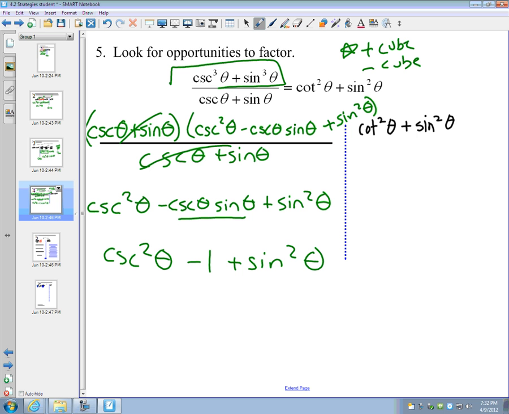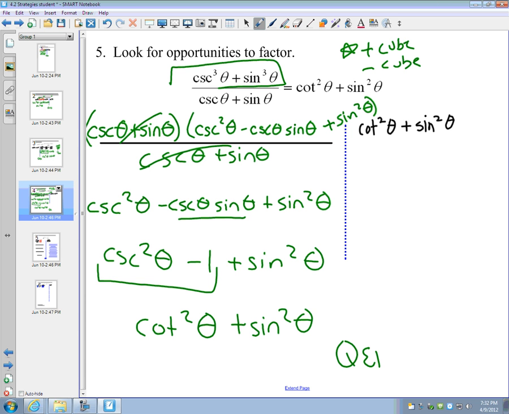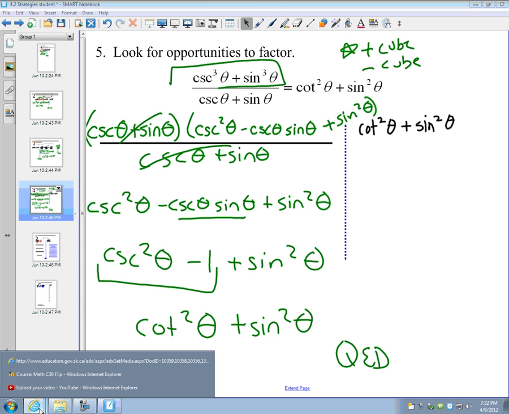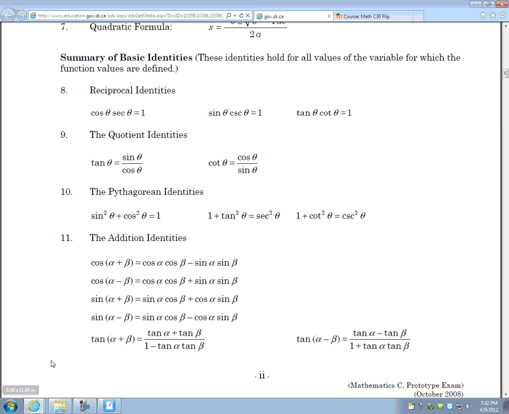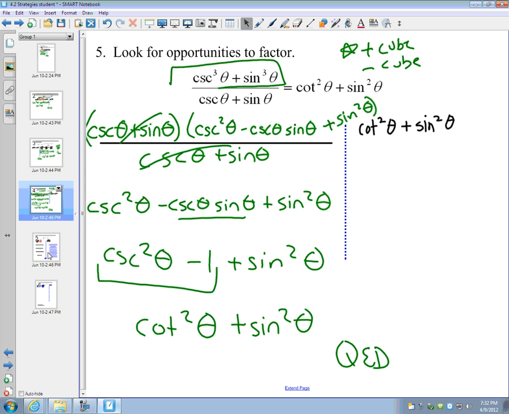And the other thing that I notice is cosecant squared minus 1 is just the same as cotangent squared from my formula sheet. And I did what I wanted to do. So I'll just show you where that cosecant squared minus 1 was right here. Okay, if I brought the 1 over, I'd be left with cotangent squared. So just getting to know my identities.